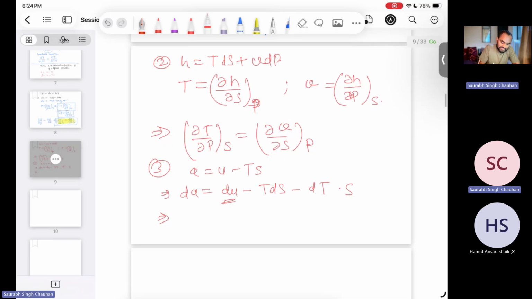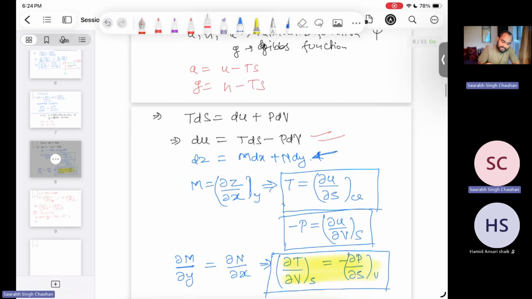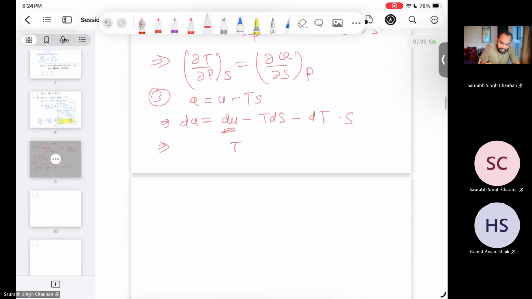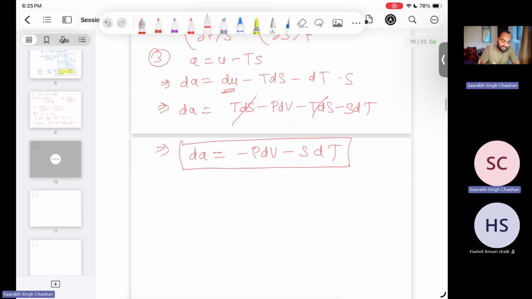For du we have another expression from here, TdS minus PdV. So dA is TdS minus PdV minus TdS minus S dT. This TdS will cancel out, and we are left with dA equal to minus PdV minus SdT. So this is the final differential for the Helmholtz function.